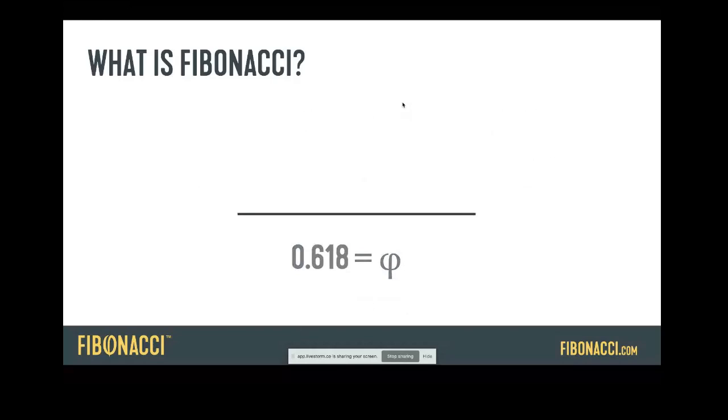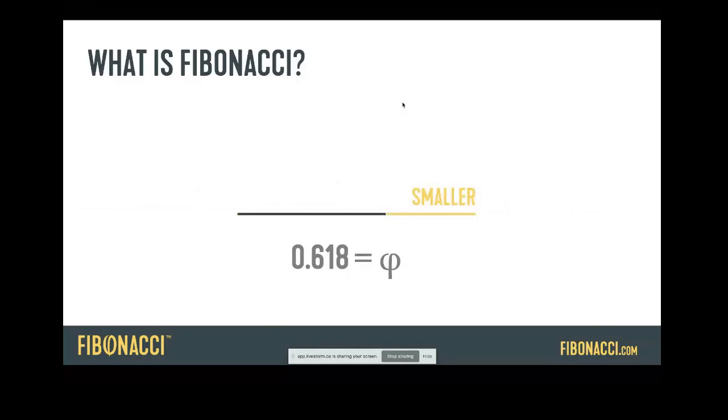Now, if you've heard of the Greek mathematician Euclid, where we get Euclidean geometry, he posed to himself a puzzle. He was curious. He said, if I draw a horizontal line, like what you see on screen here, at what point in that line would he find the point where the ratio of the smaller portion to the larger portion is equal to the ratio between the larger portion to the whole?